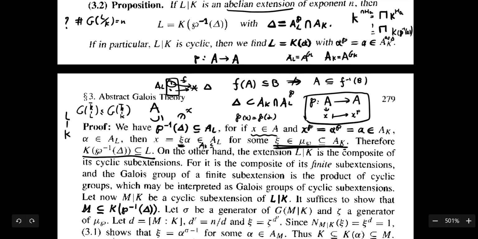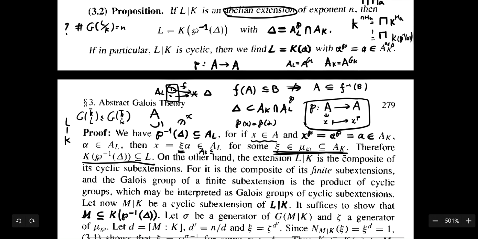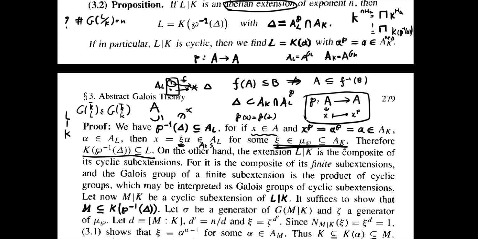Because this is an abelian extension, and any abelian group is the direct sum of cyclic groups by the structure theorem.